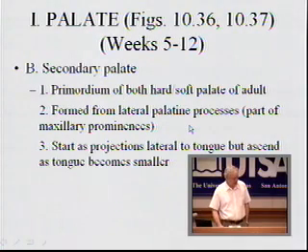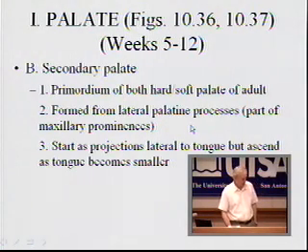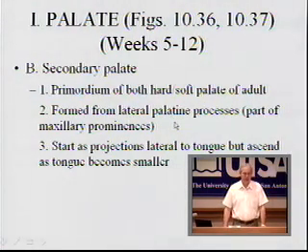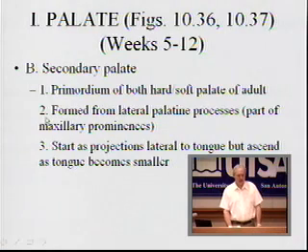So there's a lot that is occurring over that time period to complete the formation of the face, oral, and nasal cavities. And of course, it does continue from there to the point of making the secondary palate. So this will be the primordium, both the hard and the soft palate of the adult, and it's formed predominantly by the lateral palatine processes that are originating from the maxillary prominences.